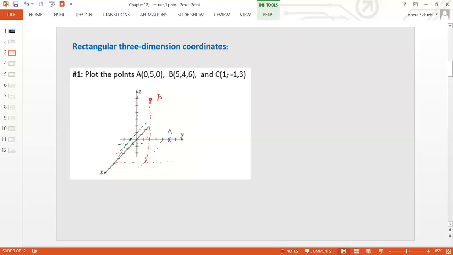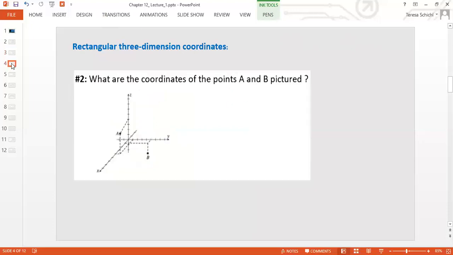Then z is 3, so it's 1, 2, 3. So this is my point C. It's pretty straightforward. Sometimes some people have trouble drawing three dimensions.